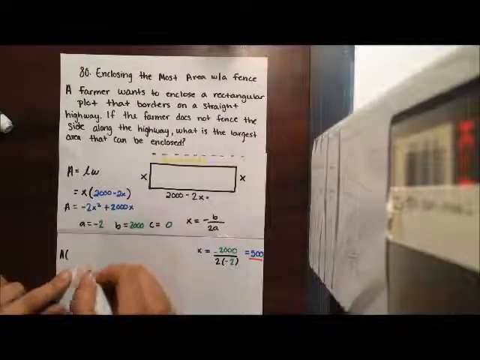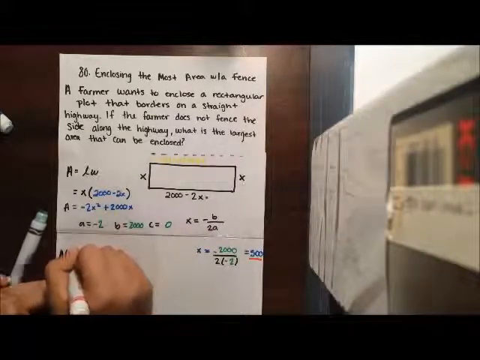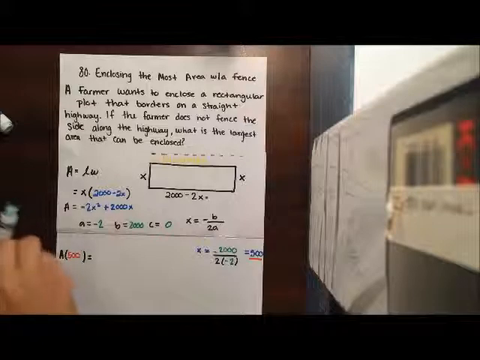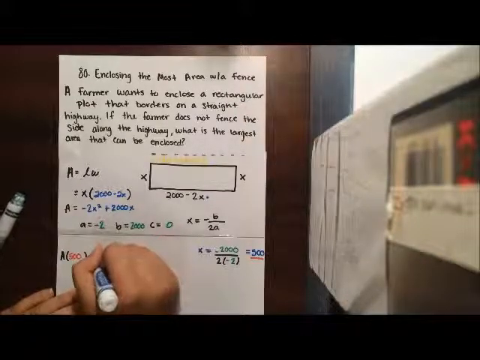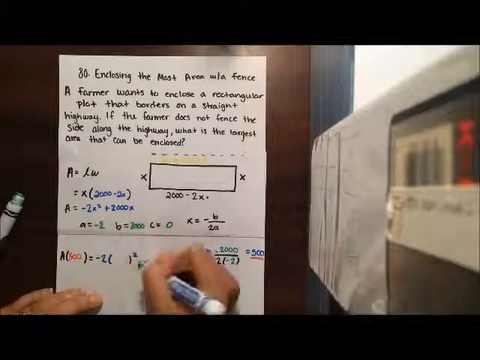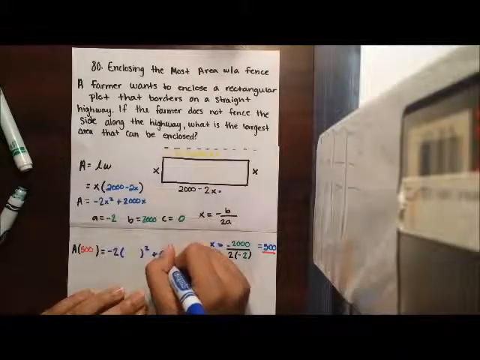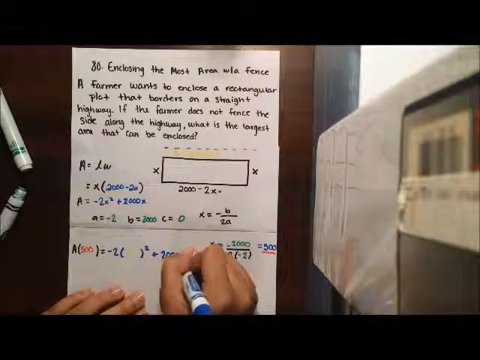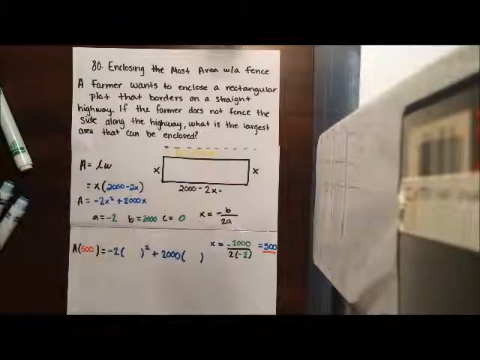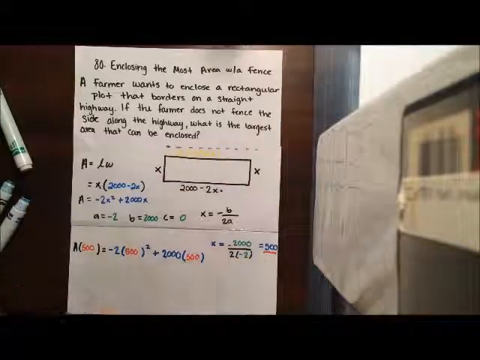A of x, which will be the 500, equals negative 2x, which is also the 500, squared, you don't want to forget that, plus 2,000x, which is 500 as well. So we're going to substitute 500 into the equation, and then we are going to solve.